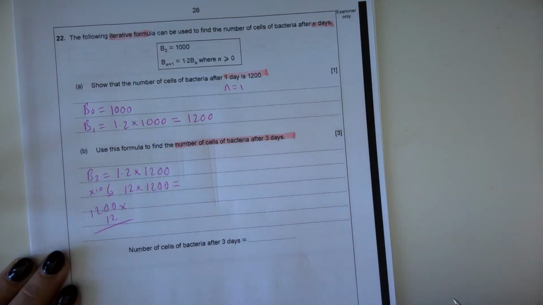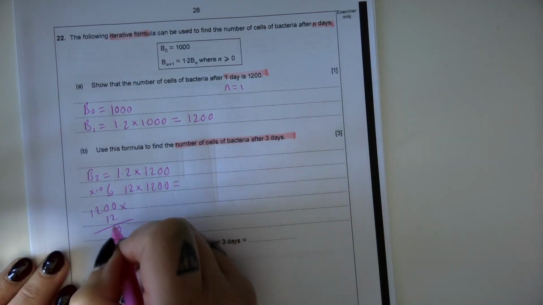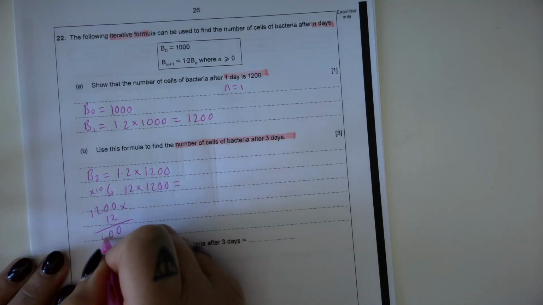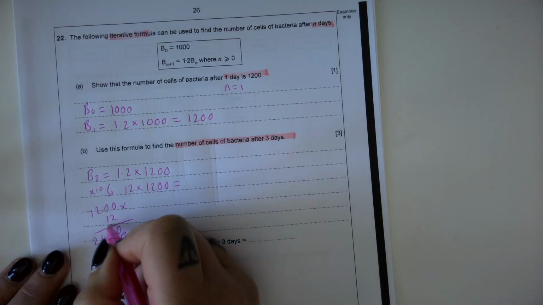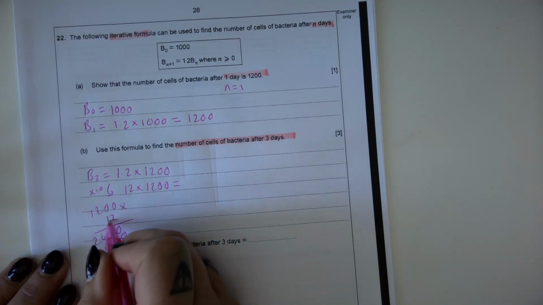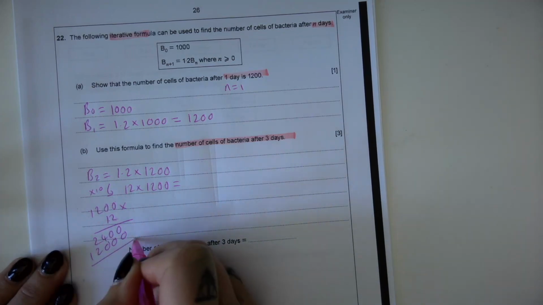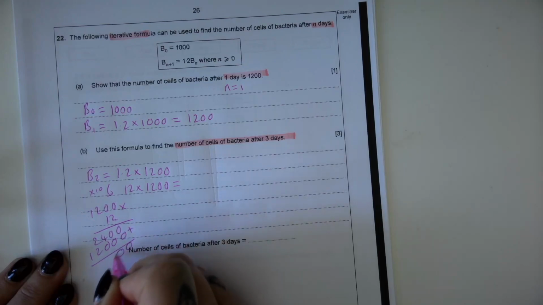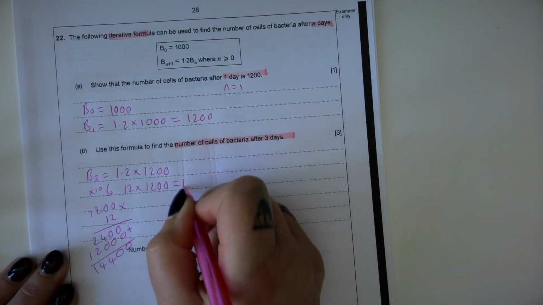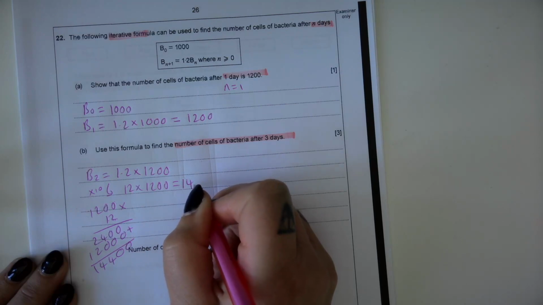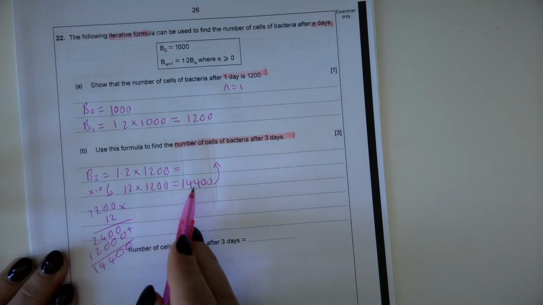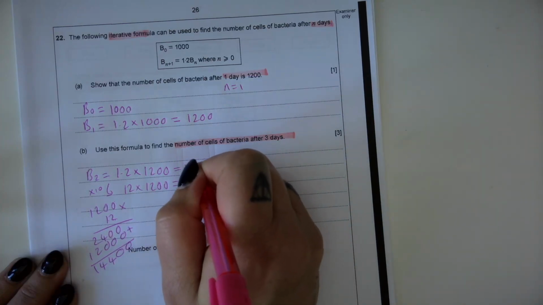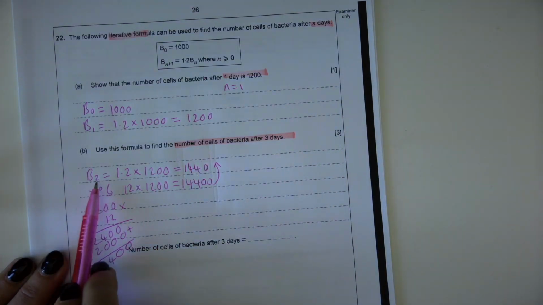Remember, you can use any multiplication method you wish. 2 times 0, 2 times 0, 2 times 2, 2 times 1. 0 placeholder, moving into the tens. 1 times 0, 1 times 0, 1 times 2, 1 times 1. Let's add these together. So that's 14,400. We need to reverse this process. We multiply by 10, we need to divide by 10.